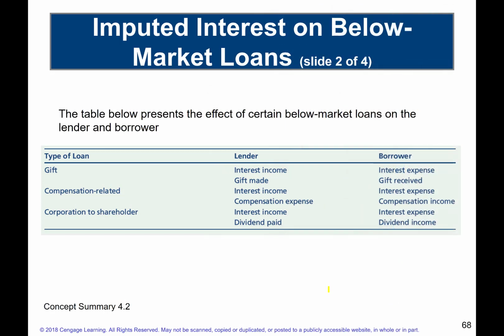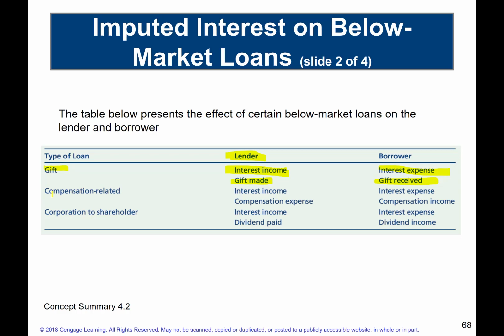Okay. Now, when you look at this, again, I think it's important to look at this slide from the standpoint that the lender has the interest income. It's seen as a gift that's been made. The borrower will have interest expense, and it is seen as a gift received for any interest they pay.